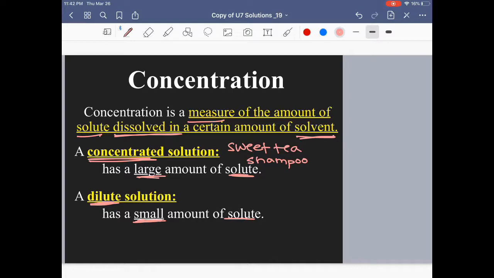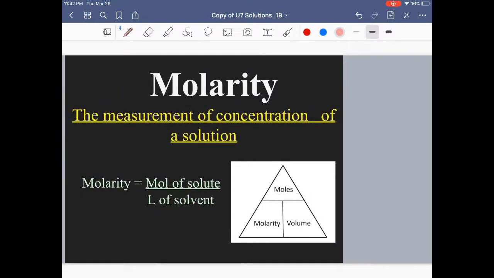So then molarity is going to be what measures our amount of concentration in a solution. Molarity can be abbreviated with a capital M. All right. Molarity, the formula is molarity equals moles over liters. Remember, we can turn that into your magic triangle where moles is on the top and molarity and volume are on the bottom.